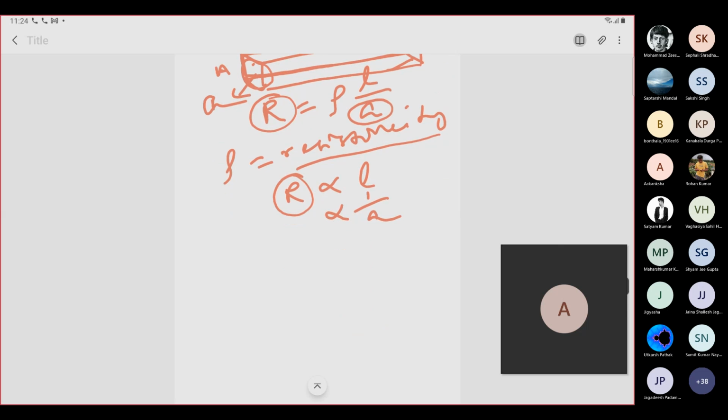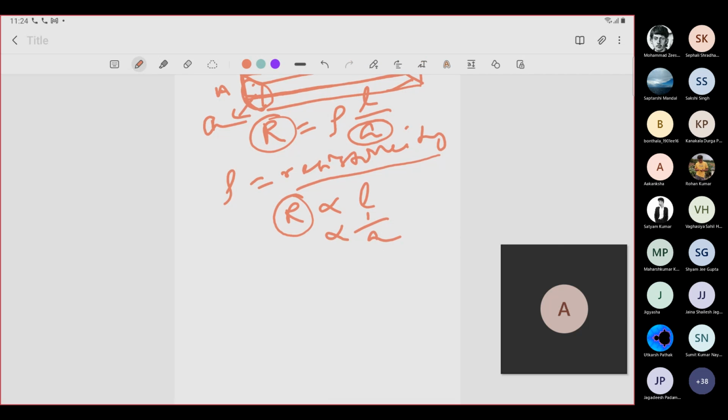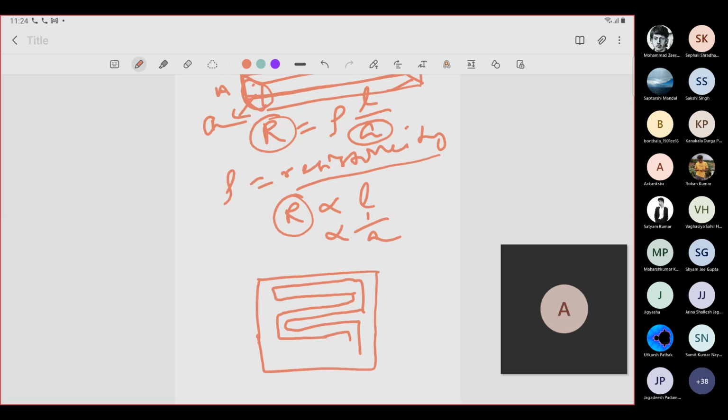Let me tell you that when you realize your chip, the chip size is constrained. You have to put your resistors in a particular chip area. Since area is constrained, you cannot have any arbitrary length of silicon layer. So in VLSI design, the resistors are typically realized in a zigzag fashion.